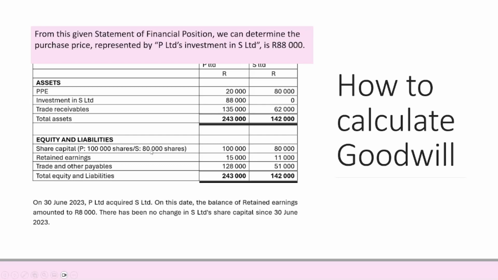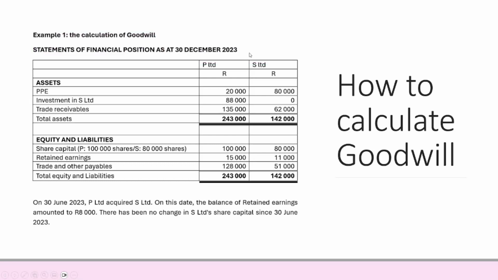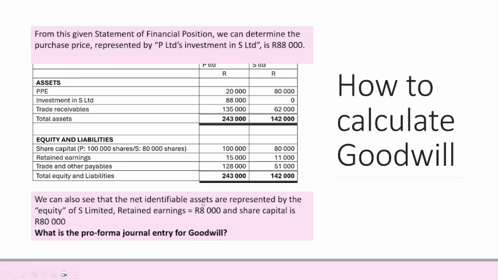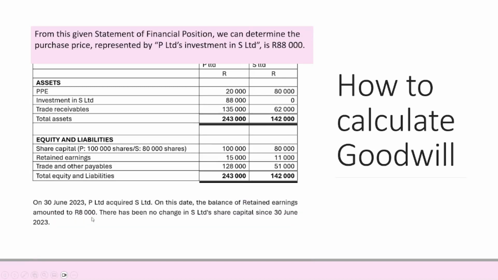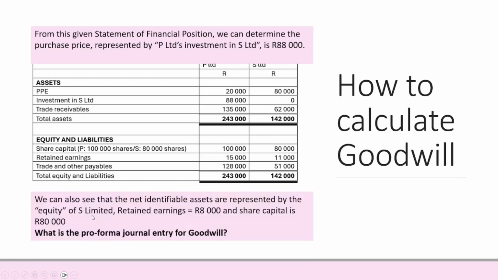Remember, this is at acquisition, so you're not going to take the retained earnings of 15,000 Rand because that is the retained earnings at 30 December 2023. We are told that on acquisition, the retained earnings were 8,000 Rand, so that is the figure you will take to determine what your goodwill is.